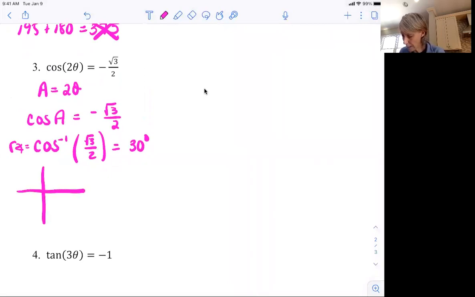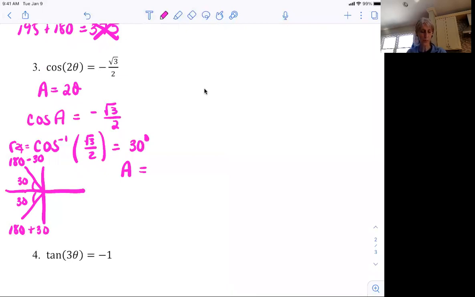Now I need to find my angles. So A is going to equal... I go back up. My function value is negative, so I know my solutions are going to be in quadrant 2 and quadrant 3. 180 minus 30 degrees, 180 plus 30 degrees. So just getting my solutions now, I have 180 minus 30.